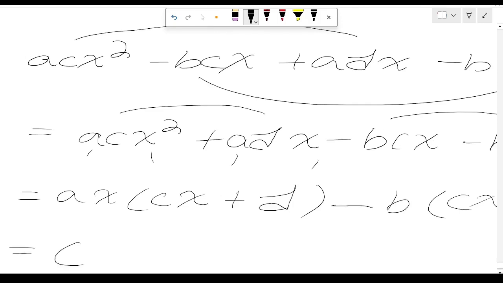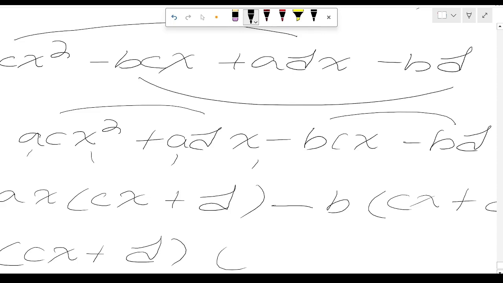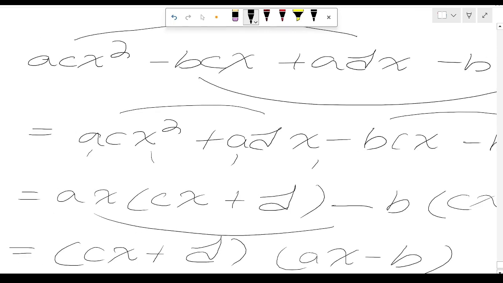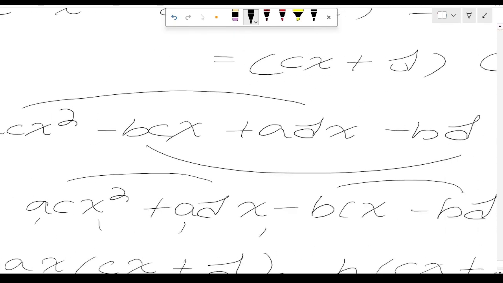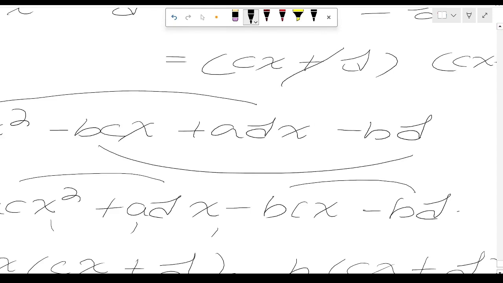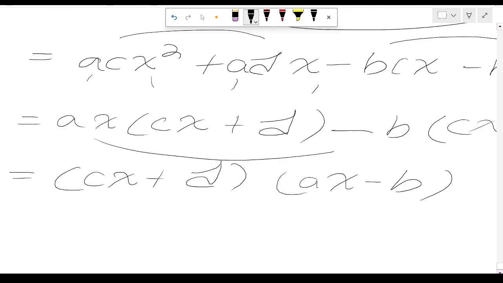So the first factor will be ax minus b, and the second factor will be cx plus d. Now I've simplified both expressions, so let's see which is common. Here we have cx plus d, and if you look below we have cx plus d. So we can conclude that the HCF of question number 7 is equal to cx plus d.